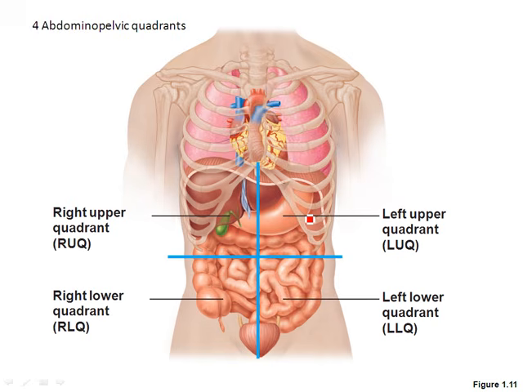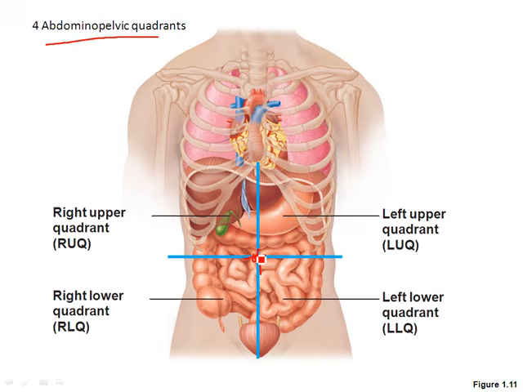All right, so sometimes you'll see the 4 abdominal pelvic quadrants, and actually this is a little more current. The 9 regions are a little older than the quadrants. You'll see these probably more often than you see the regions. Again, you find the umbilicus, and this is your cross point, and you just have to imagine what organs are in those regions.